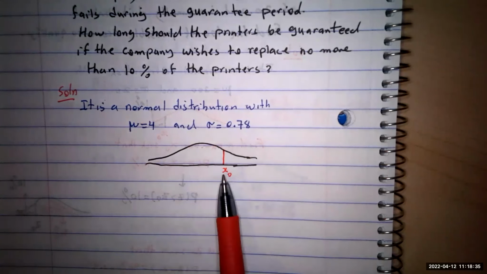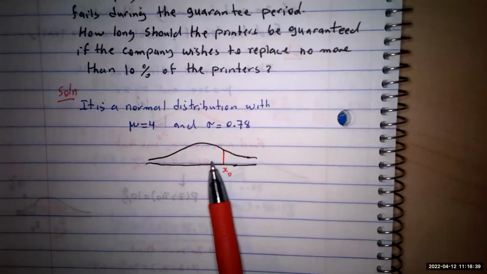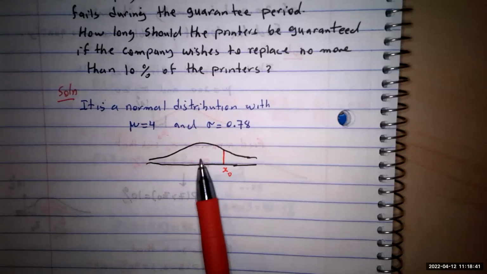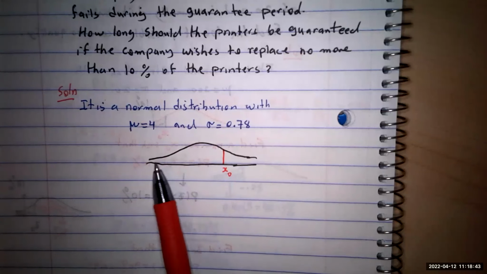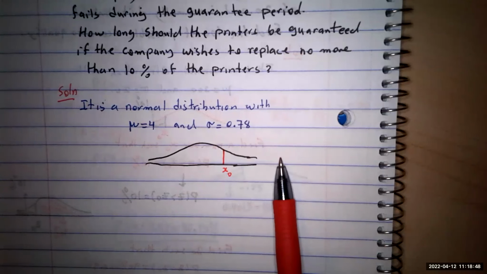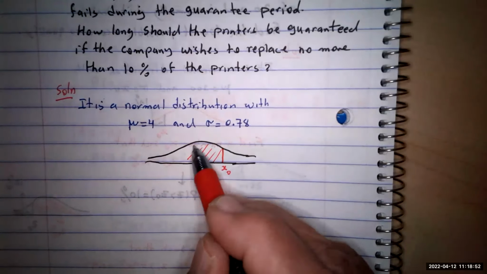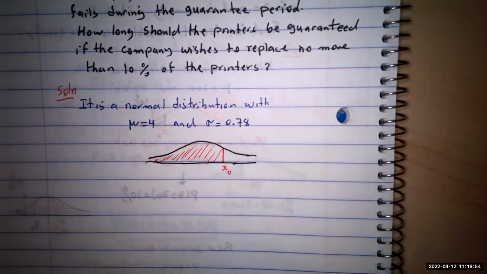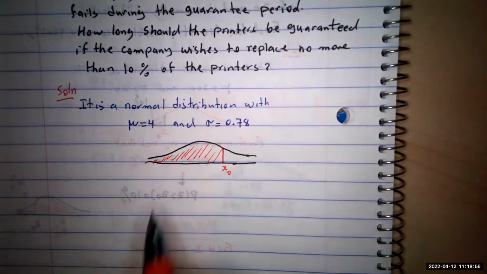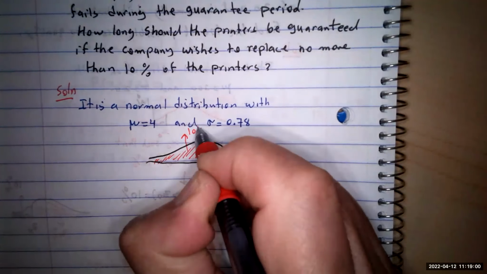So if this is the guarantee period, anything that happens during this time, they are responsible. But anything that happens here, they are not responsible. So this would be the punishment area for the company. But of course, they want the punishment to be as small as possible, 10% only.